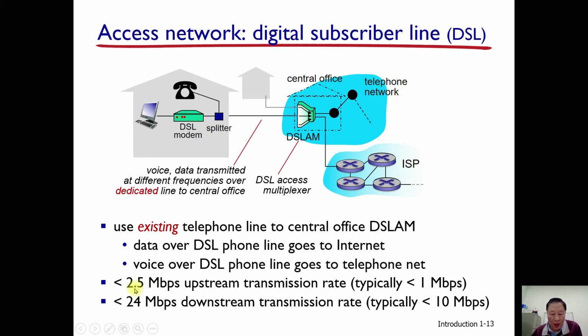And below around 2.5 Mbps upstream transmission rate, but this speed is being changed. Recently, over 50 Mbps, 100 Mbps, almost 1 Gbps, that is becoming possible.